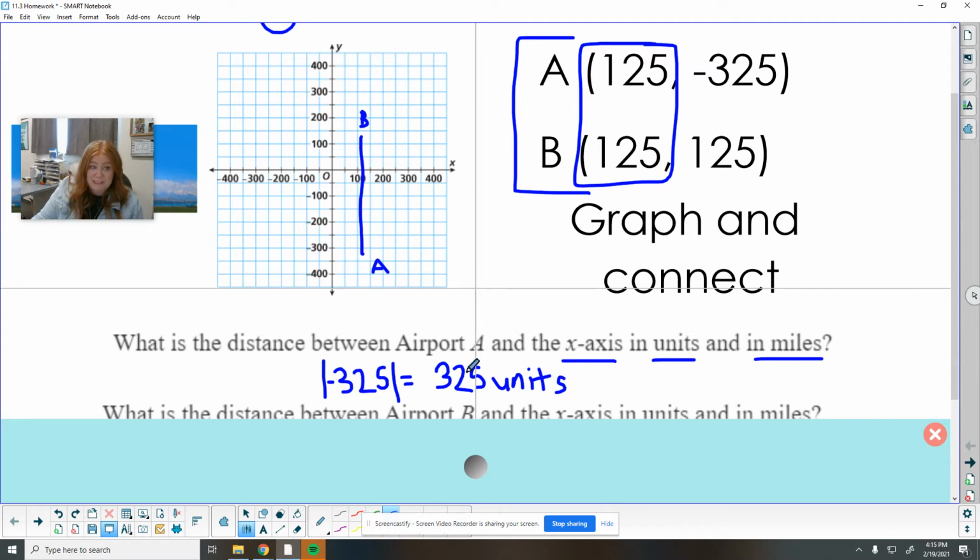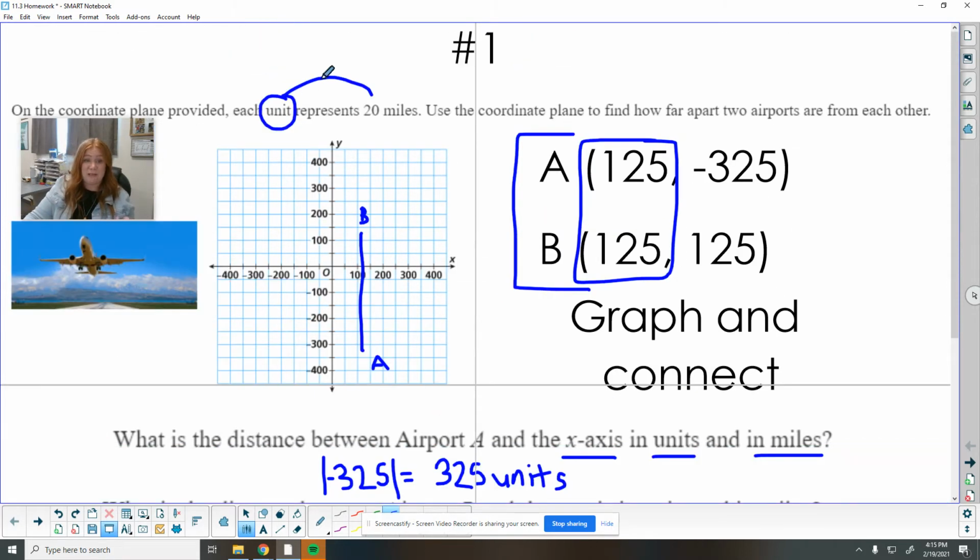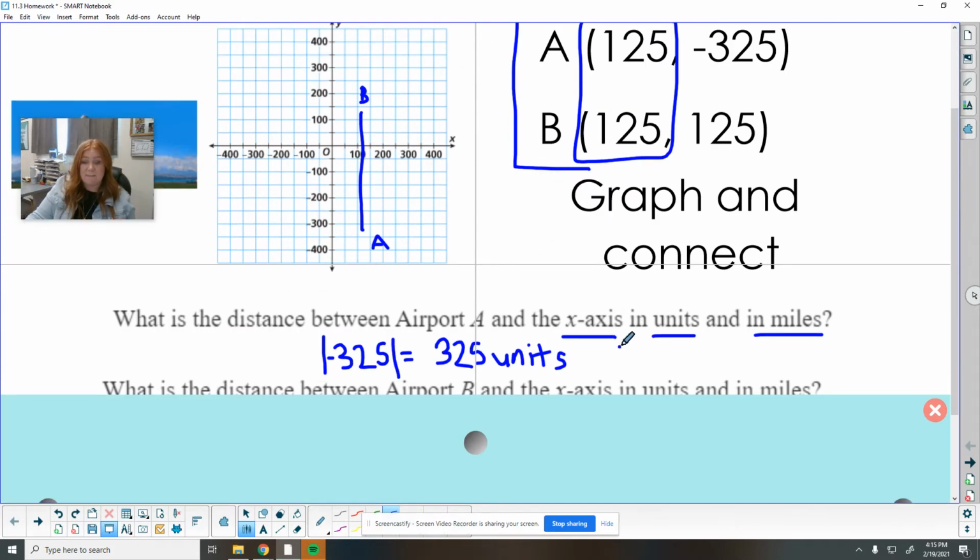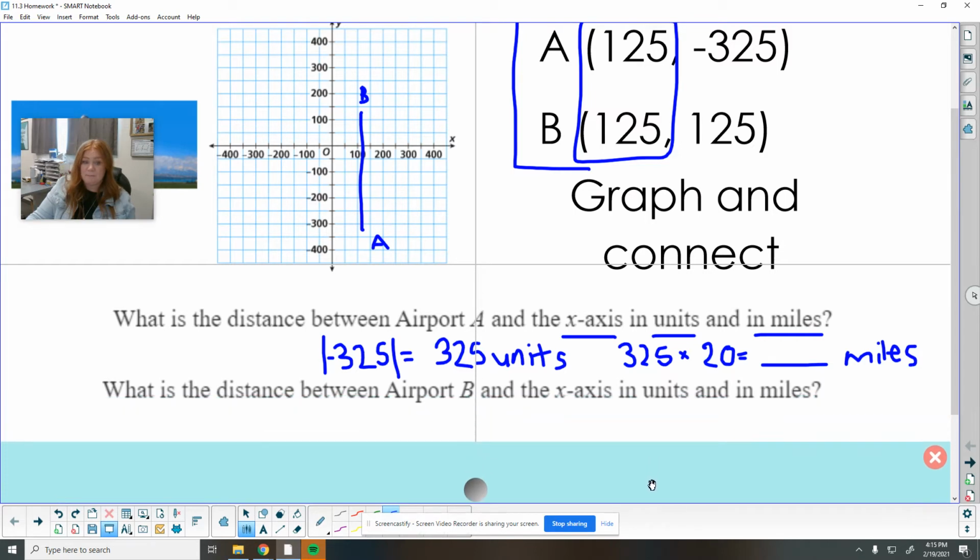Now we need to change that to miles. Remember, every unit was 20 miles, so we need to do 325 times 20 to tell us our miles. I'm going to let you do that part.